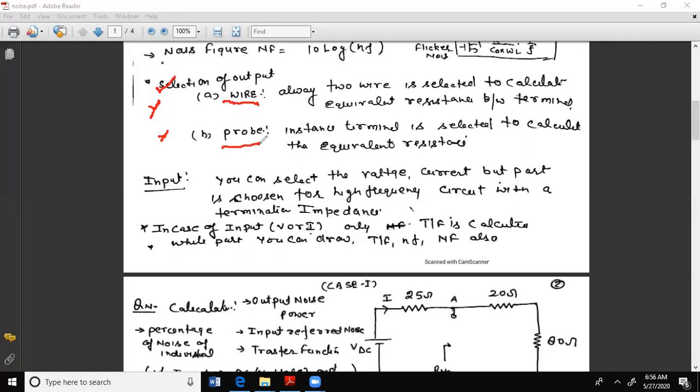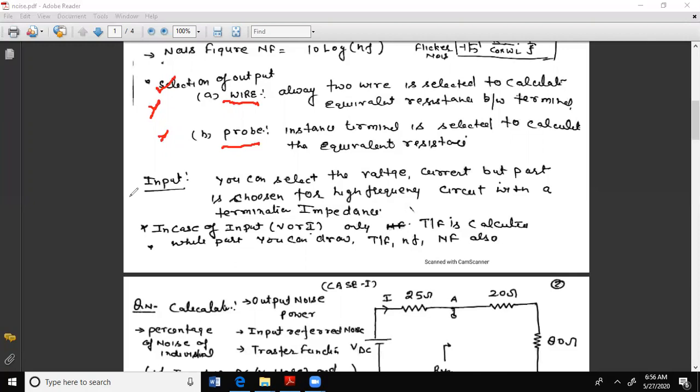That may be a resistance, capacitance, or any other device, and the terminals of this device are used to calculate the total output noise. In case of wire, the two selected wires or nodes are used to calculate the equivalent noise, while in case of probe, the two terminals of the device are used.